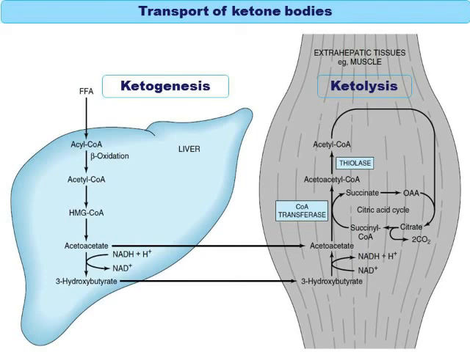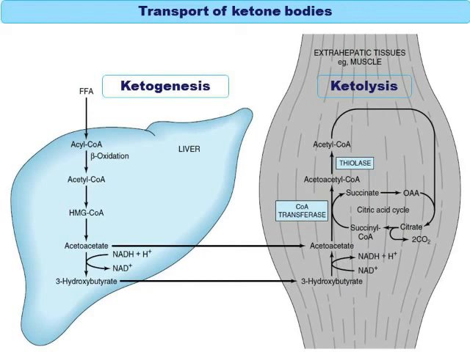So, ketone bodies come out from the mitochondria of hepatic cells and are distributed by systemic circulation to most of the tissues and organs of our body. They can also cross the blood-brain barrier.